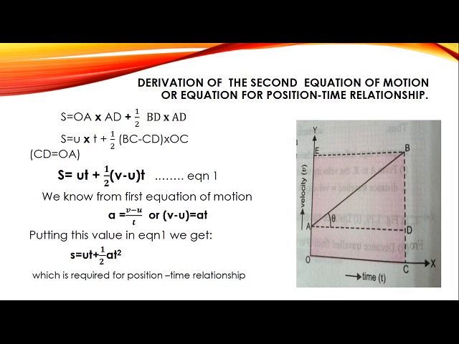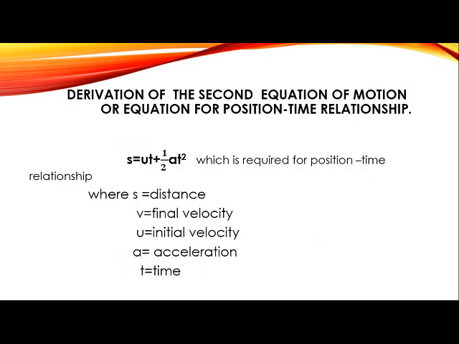We get s = ut + ½at², which is the position-time relationship. Here s refers to the distance, u refers to the initial velocity, t is the time, and a is the acceleration.